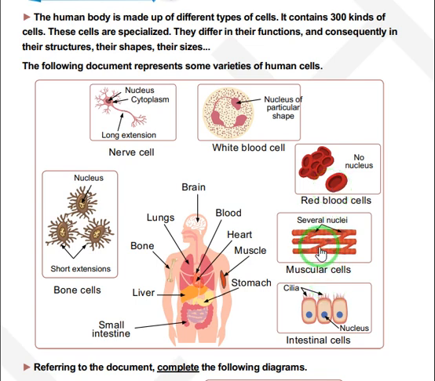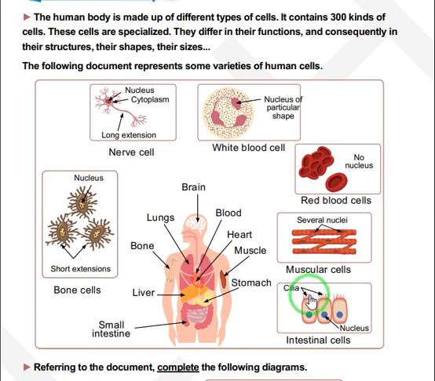Muscular cells. A muscular cell has several nuclei. Nuclei is the plural of nucleus. The intestinal cells, as we mentioned yesterday, that the paramecia have cilia. Cilia are small, like hairs, that move and sweep food to the oral groove of the paramecia.